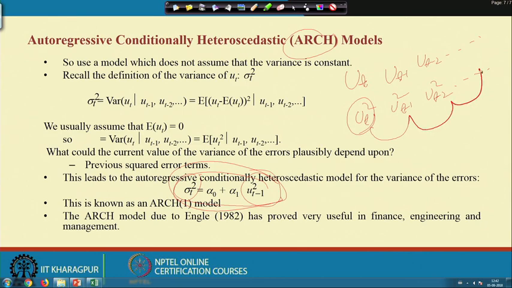Technically, since they are time series data, the error component by default will follow the time series. As a result, there is a high chance that the lag of a variable will be well connected to the previous lag variables. So, technically ut minus 1 depends on ut minus 2, and ut is a function of ut minus 1, ut minus 2.